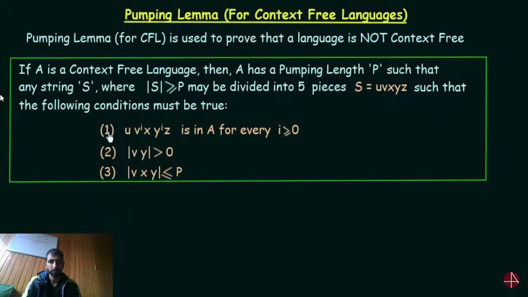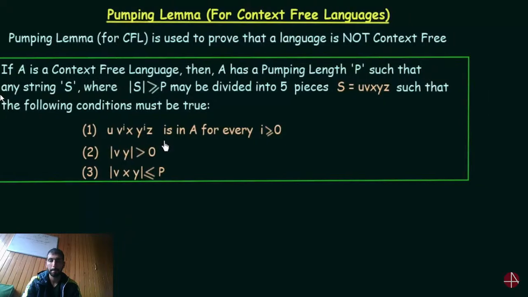After dividing that, you have to show that u v^i x y^i z also belongs to the same language for every i greater than or equal to 0. This condition must hold if the language is context-free, and also conditions 2 and 3 must hold. So we will focus on condition number 1.